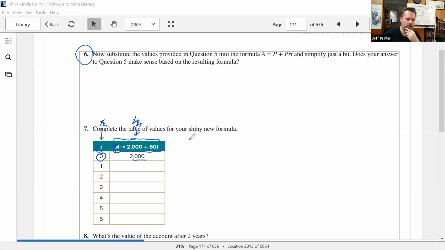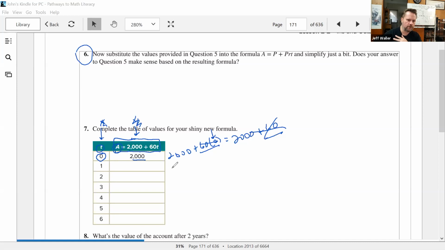I love it. So mathematically, if you put a 0 in for t, now here's what always kills me: somehow somebody always does this and 60 stays alive. 60 is dead. 0 killed it. It was 0 in the conservatory with a pipe wrench. Dead. So you just get a 2,000.